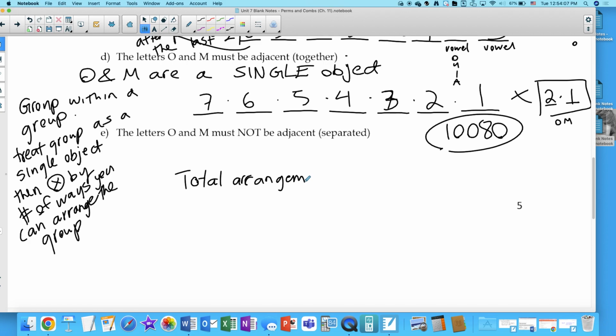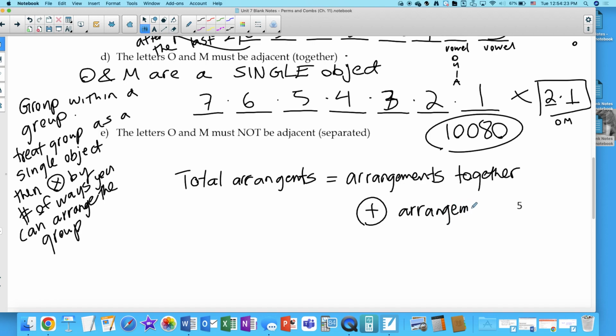The total arrangements will be arrangements together plus arrangements not together. Which means the number of arrangements not together would be the difference of the two.